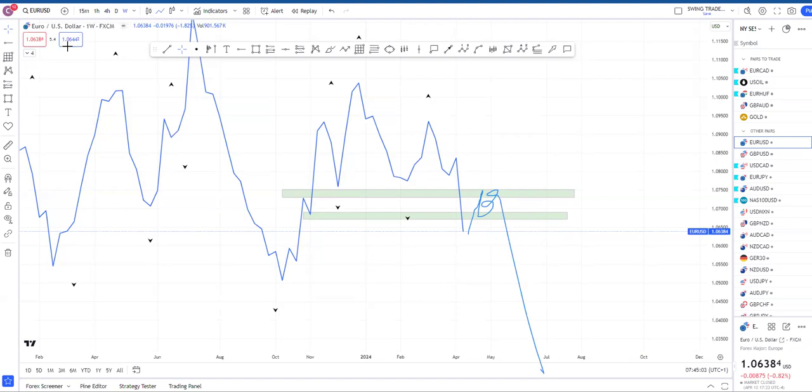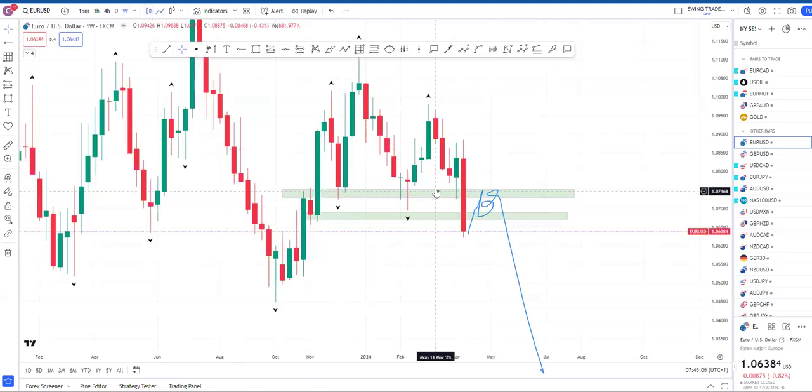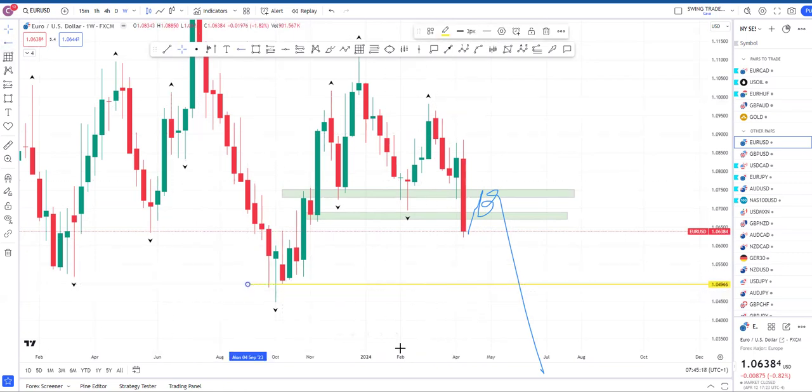If it does pull back into that area and drop, then we'll be looking for more sells. But if it doesn't pull back and keeps dropping, then we'll be anticipating that price will break this low right here. So this is the area of interest that we will be trading towards this week 16.